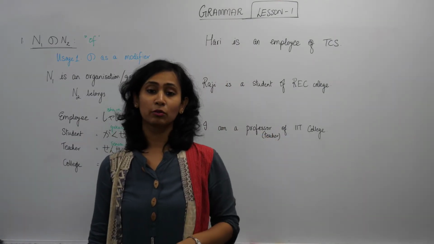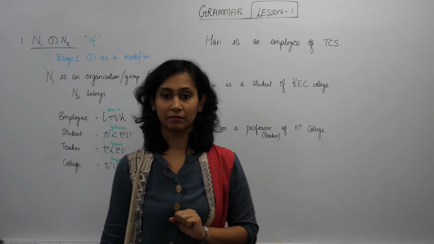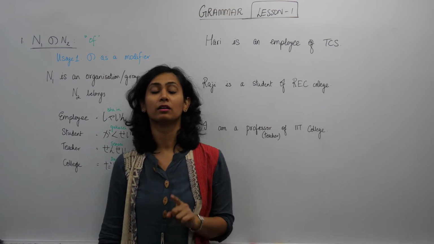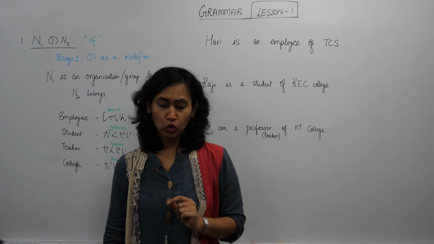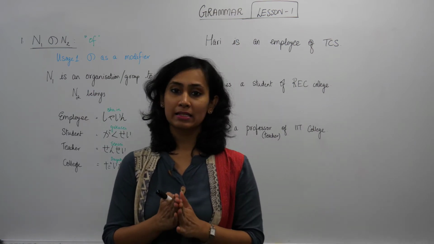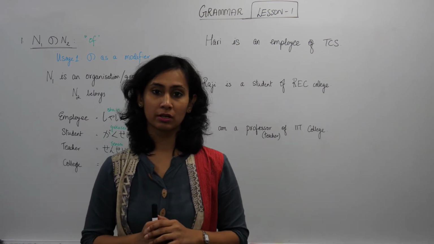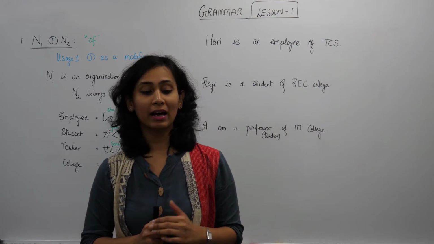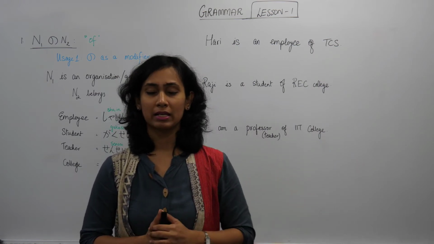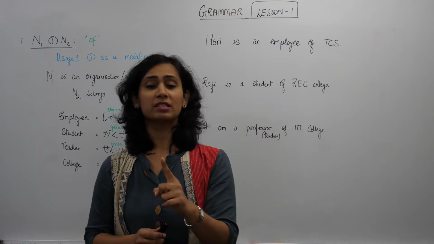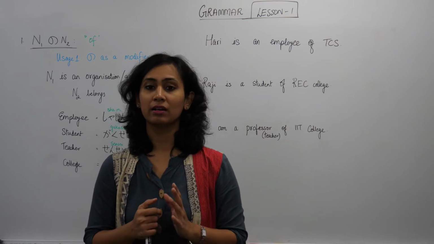So, finally we are into the last particle for this lesson. Namely the particle no. No as a particle again has multiple usages. We will be seeing that in the forthcoming lessons. The first usage is under discussion now.